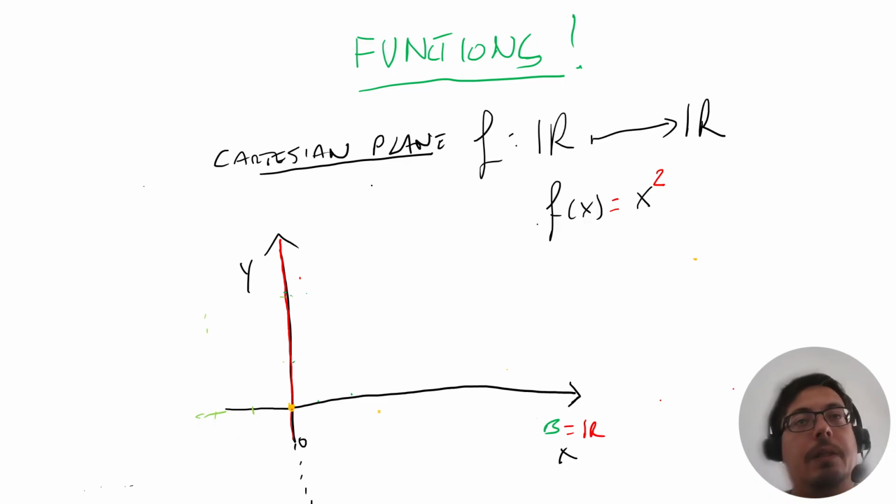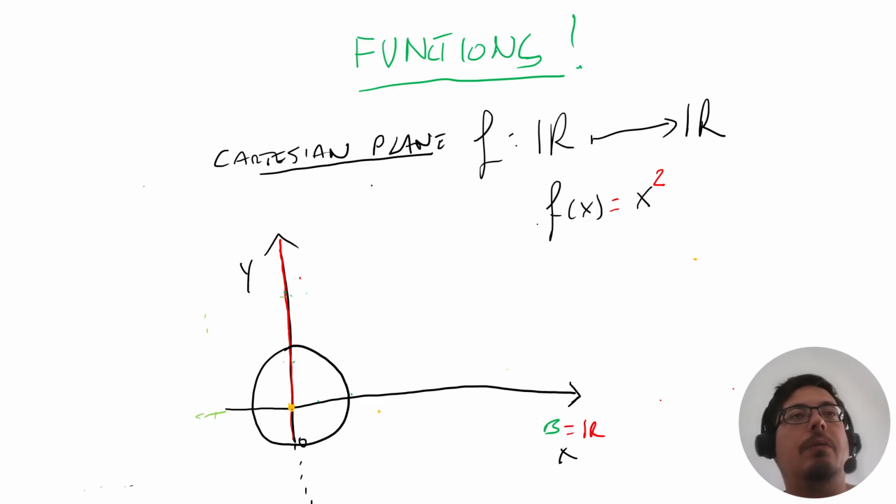So for example, just to clarify, take a circle. To be fair, this is not strictly speaking a function, because it breaks one rule: for one point in x, there are two points in y. There is ambiguity in x. You can go up or down.